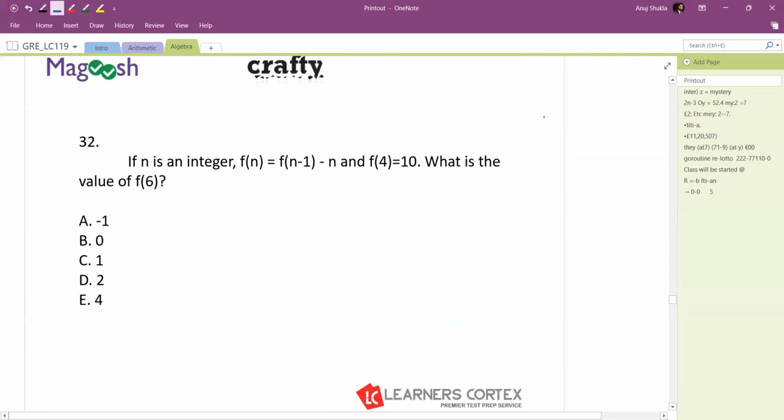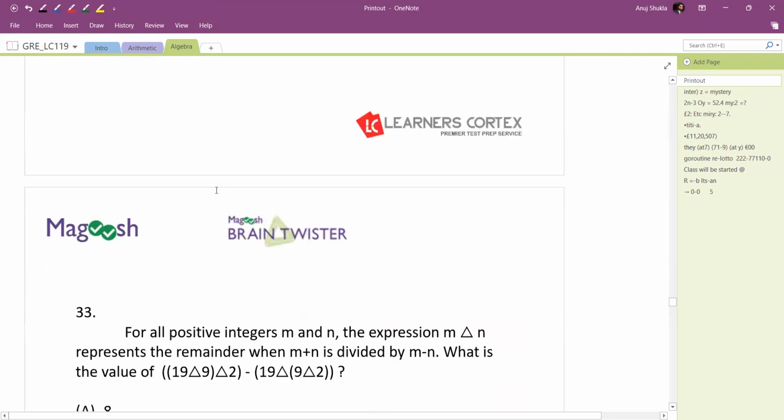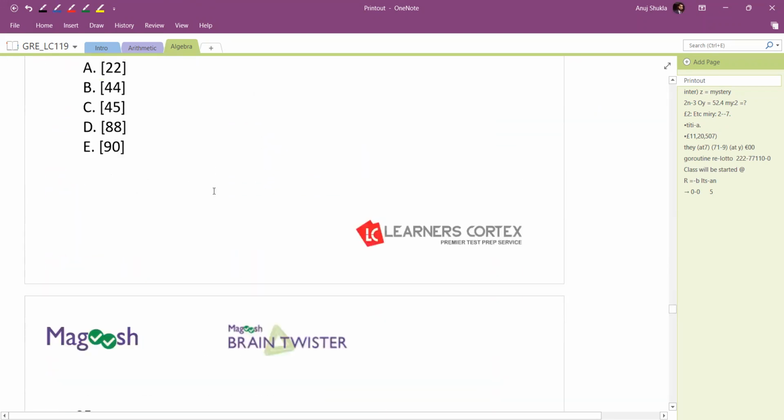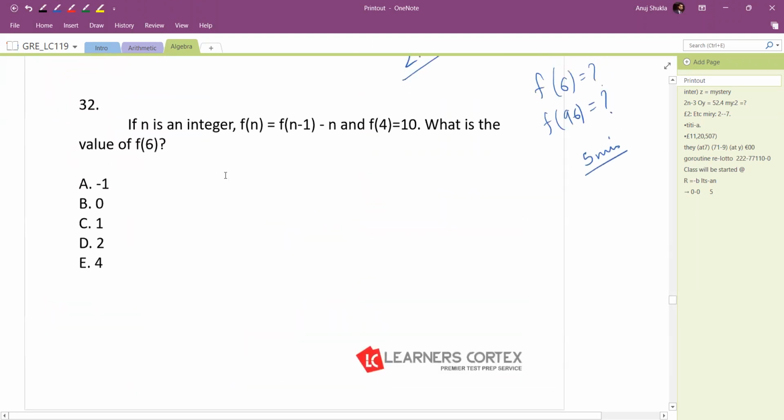Tell me the value of f of 6 in this question, and then you have to tell me the value of f of 96 also. I'm giving you 2 minutes for finding both the values, and then I'll give you 5 minutes of break also. 2-3 questions more are there for this.